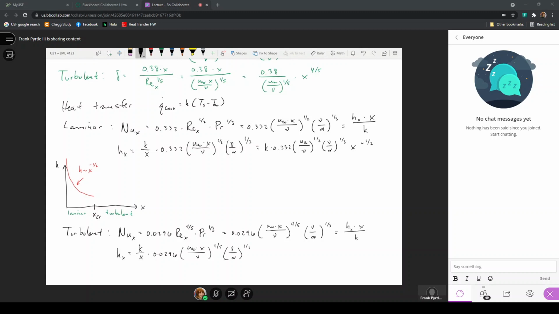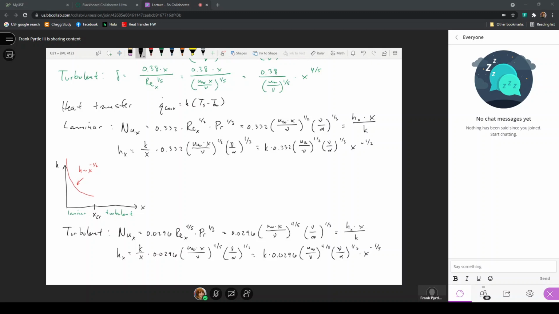So that if I, again, consider what the constants are, the thermal conductivity, the kinematic viscosity, the thermal diffusivity, the free stream velocity, here I have x to the 4/5 and x to the -1. So this expression can be written as k times 0.0296 times the free stream velocity over the kinematic viscosity to the 4/5, the kinematic viscosity over alpha to the 1/3 times x raised to the -1/5.